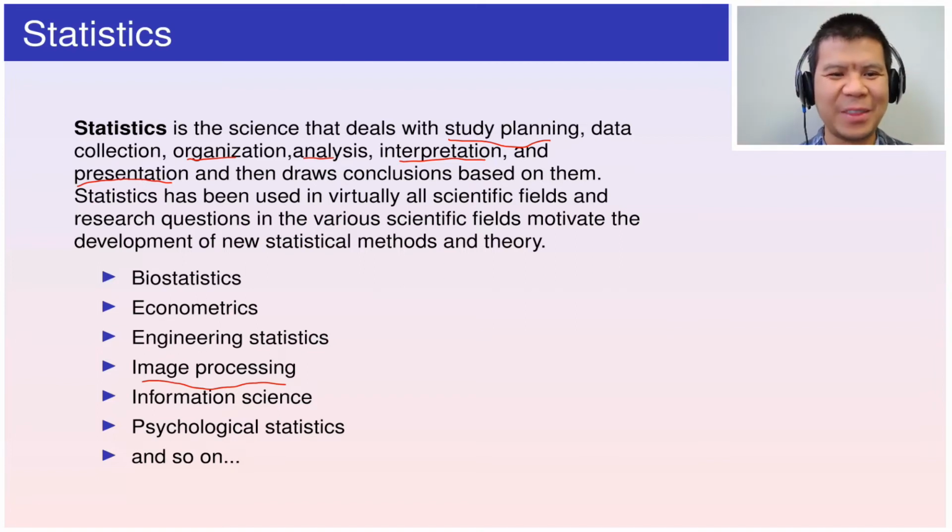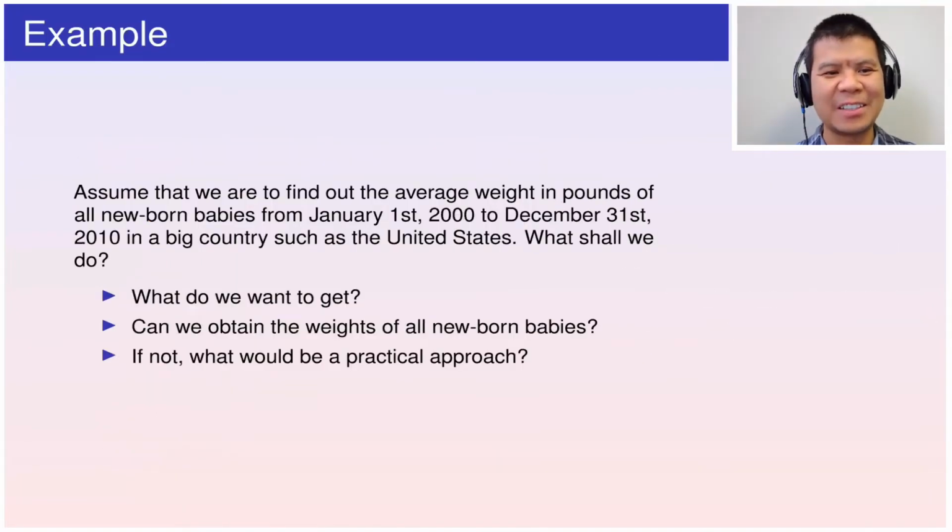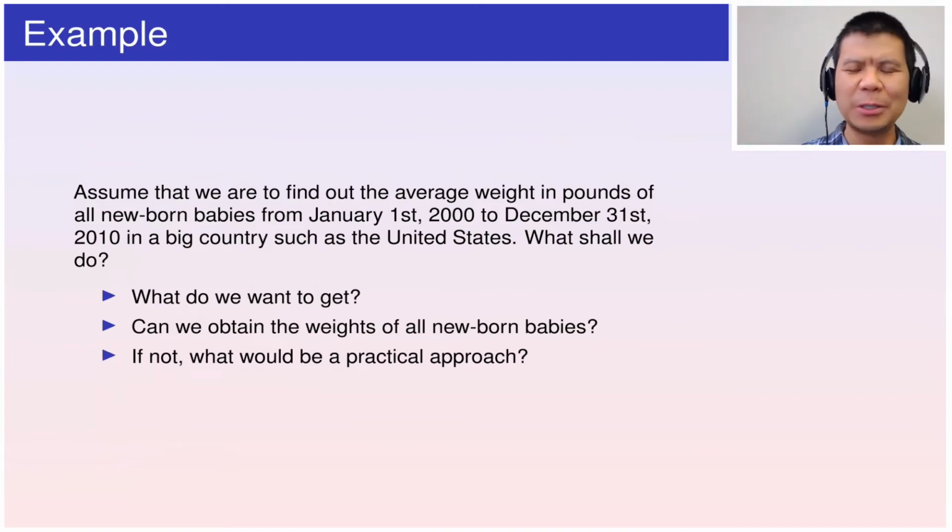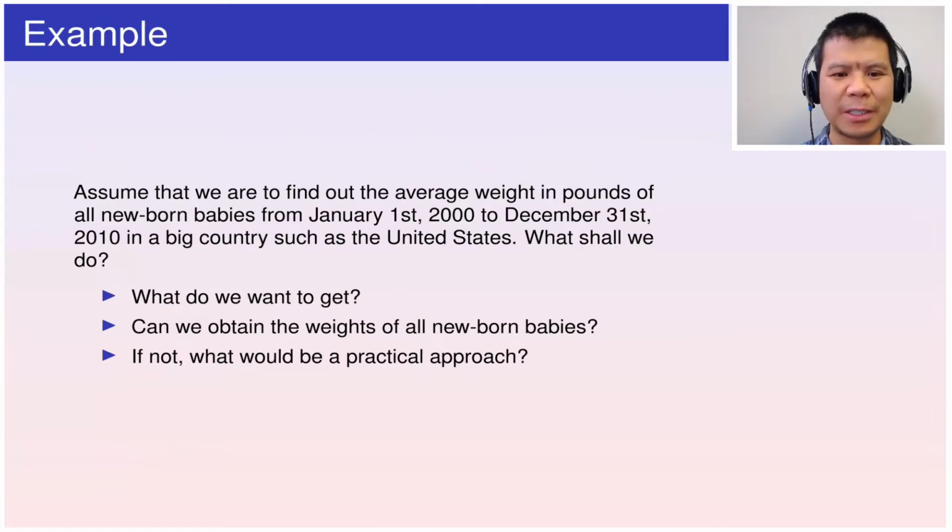Now let's consider a simple example to illustrate statistics. What do we do in statistics? Assume that we are to find out the average weight in pounds of all newborn babies from January 1st, 2000 to December 31st, 2010 in a big country such as the United States.